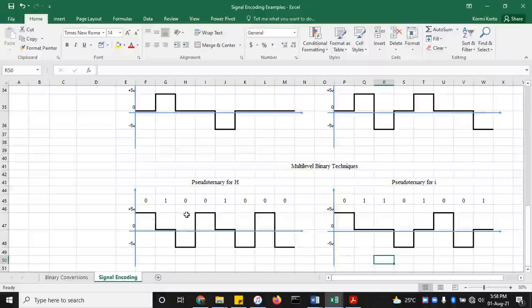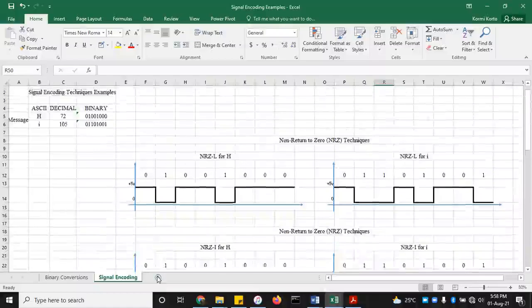To get the mid bits transitioning for the biphase techniques, I need to generate a different sheet that can accommodate two cells for a single bit. Okay, so let me see if I can put that together.